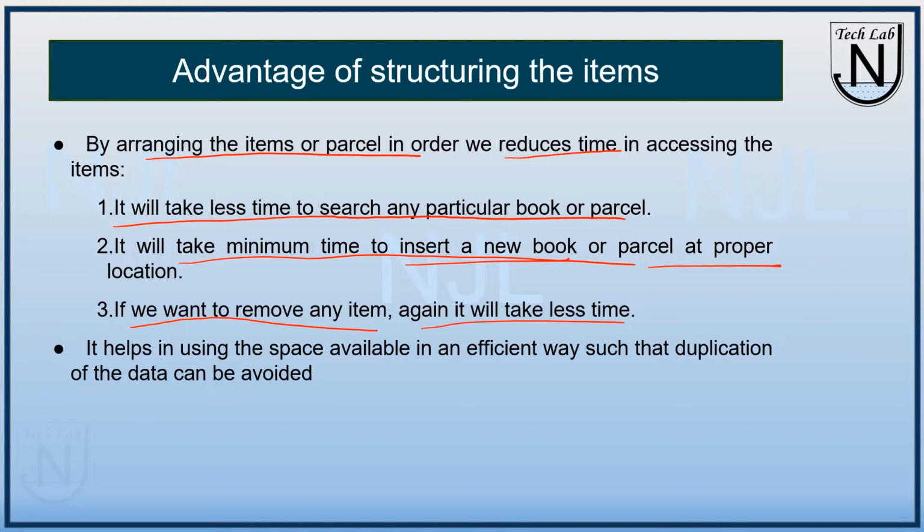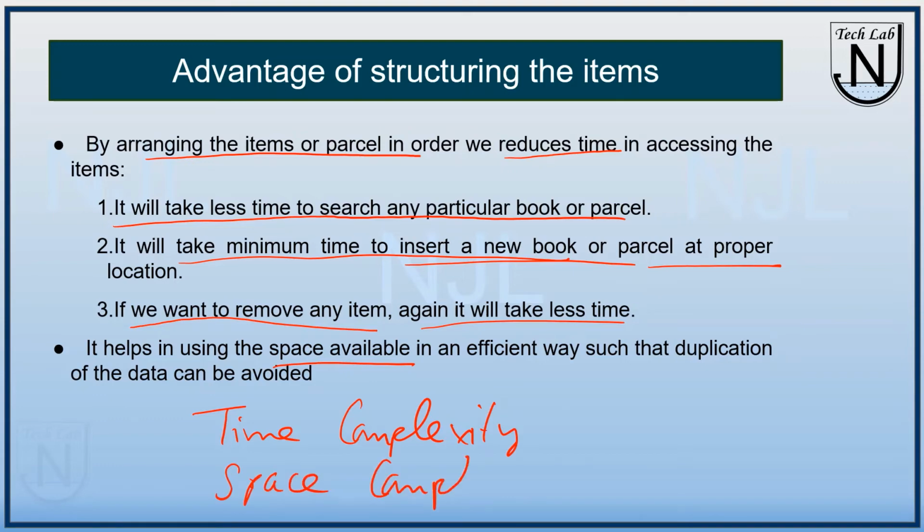it will take less time. The second thing is, it will take less space. So the space that is available in the rack can be used in an optimistic, efficient way. The same space can be utilized in a proper way, right? So the two things that we need to consider are time complexity and space complexity.